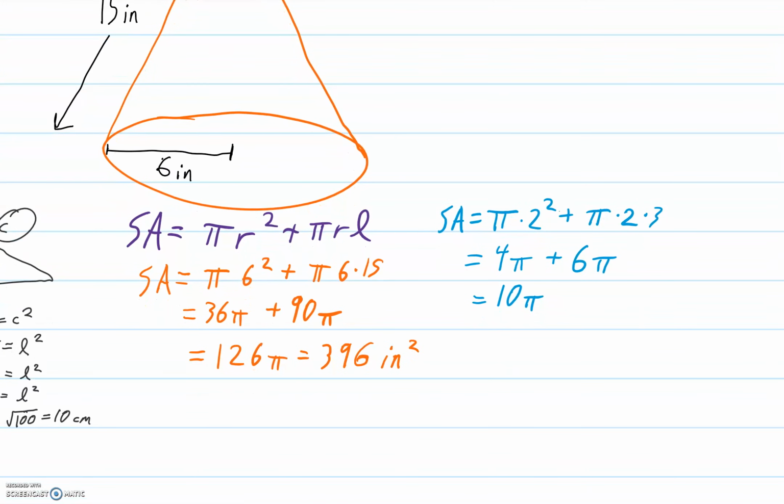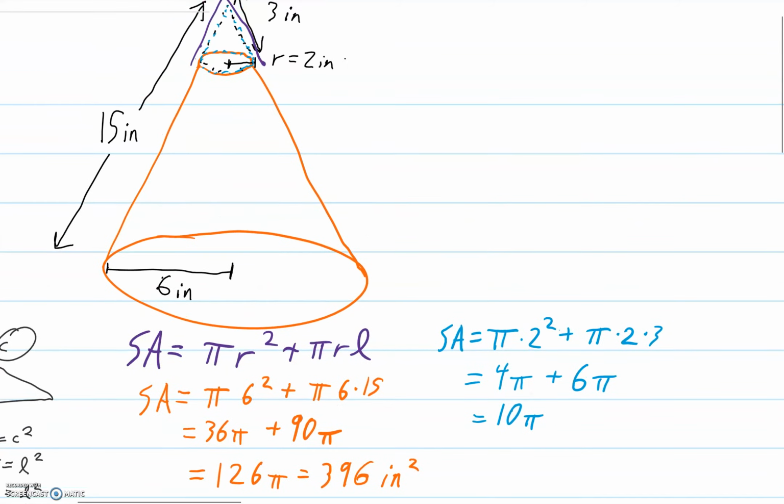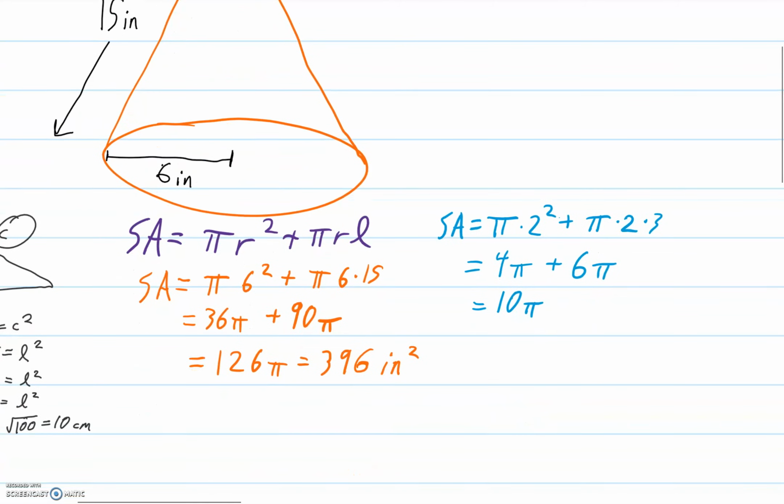Now what we're going to do is actually subtract these things, because we have the total orange minus the blue at the top.